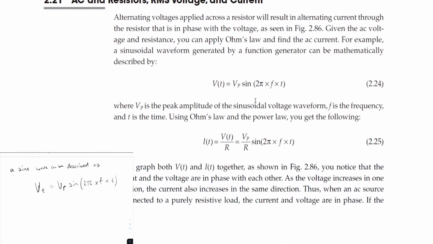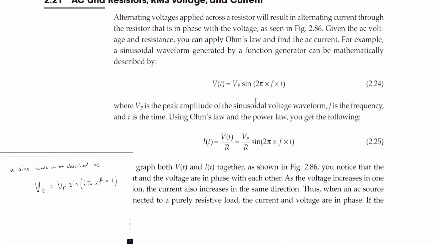Okay, you're just saying separately that I is equal to V divided by R, right? And then you're saying V is actually the voltage peak times sine 2 pi times frequency times time.